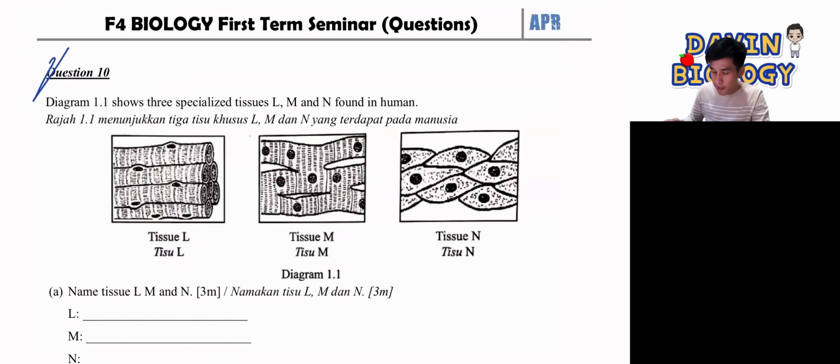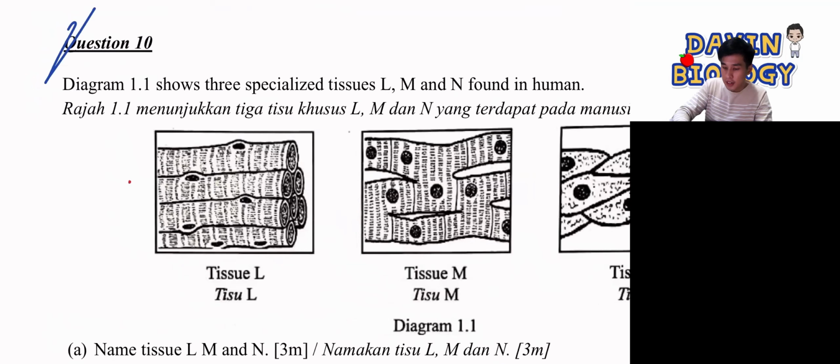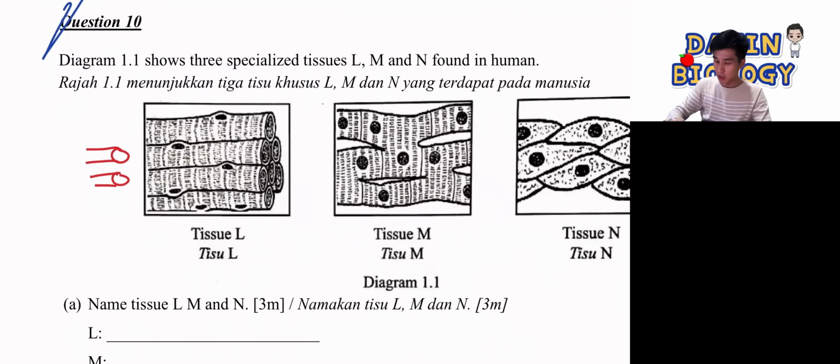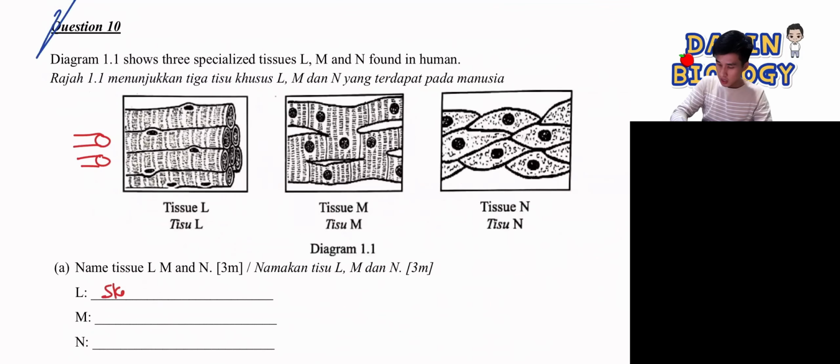The first one looks like sticks, like bones. These are muscles that are attached to your bones, the most common muscle in your body. That muscle is called skeletal muscle. So they literally look like bones.